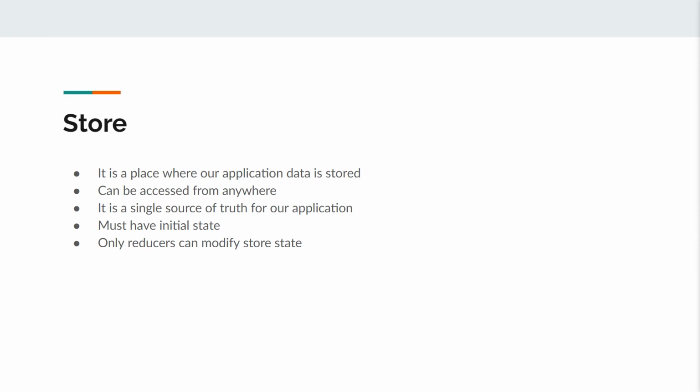It can be accessed from anywhere, and by that we mean every component can directly access the store. It is a single source of truth for our components. And of course, it must have initial state. And what is very, very important, store data or the state itself can be modified only by reducers.